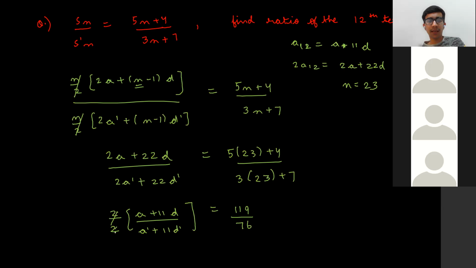So this 2 and 2 cancel out. So you have the ratio of the 12th terms of both of the APs. So a12 divided by a dash 12 is equal to 119 over 76. The catch is you have to select n in such a way that the whole term becomes twice a12.